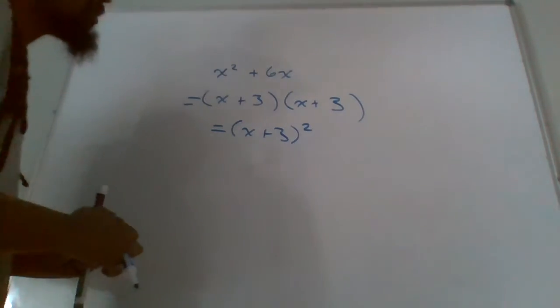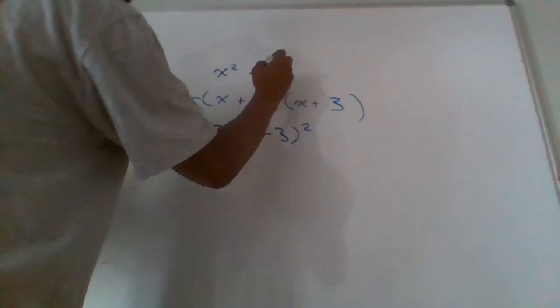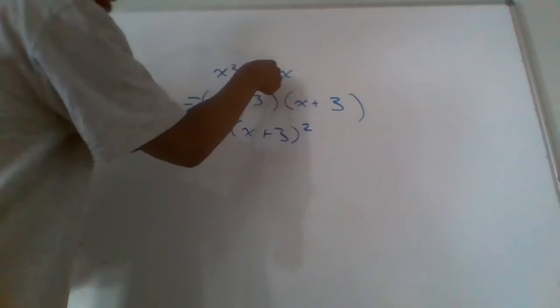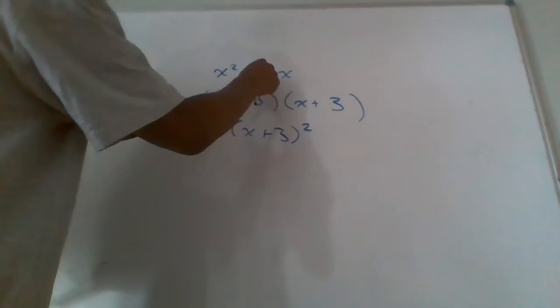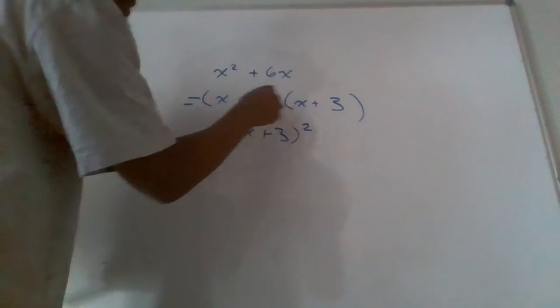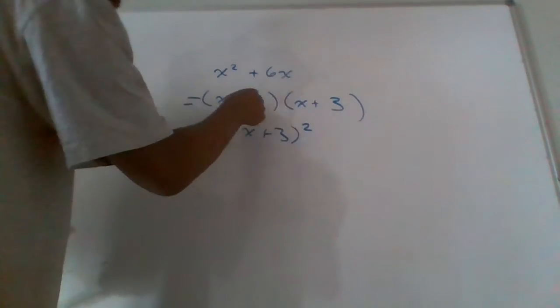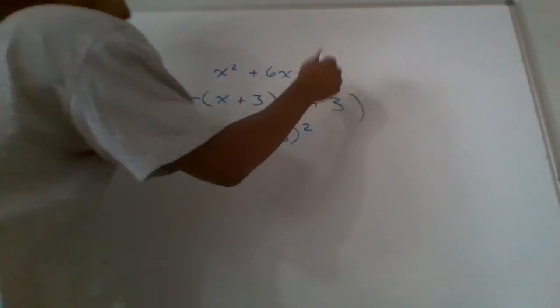So usually, we know that this middle term, if we take that over 2, because we know we add this number and this number to get this number, and we know that that's the same number, if we take this over 2, then we can have this number. And if we square this number, it will give us our 9.